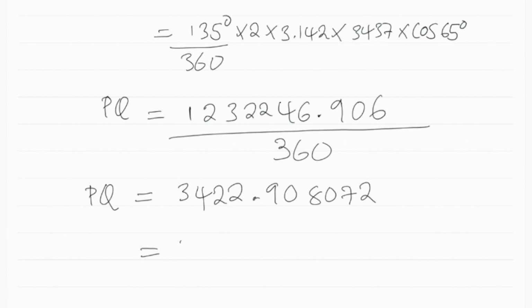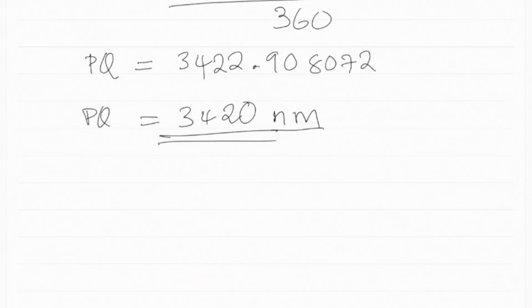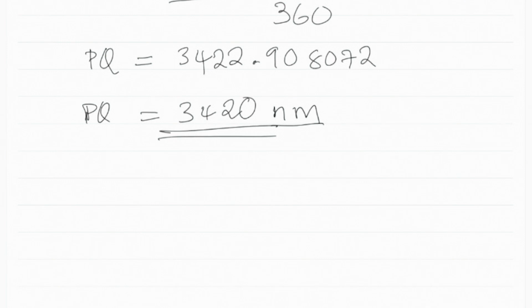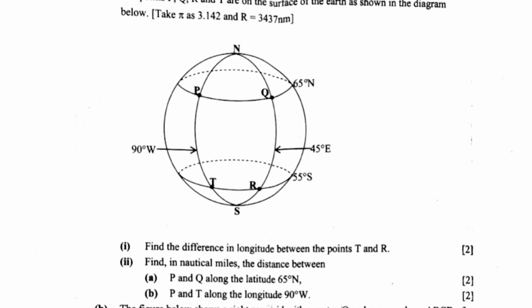Then thereafter, you can see that we can now say PQ equals 3420 as our distance in nautical miles. So this is how you are expected to move on this question. We can still move on to the next question, which is part B.